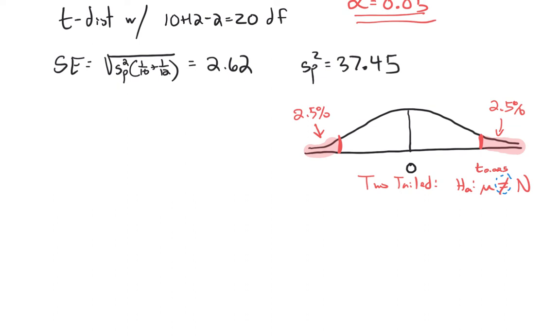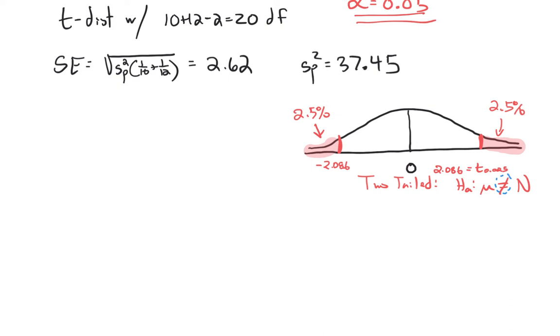If you look in your table, you'll find that that is 2.086. And on this side, we're going to have negative 2.086. So anything more extreme than 2.086 standard errors from the mean, we're going to say is too extreme for us to believe that the difference is actually 0.